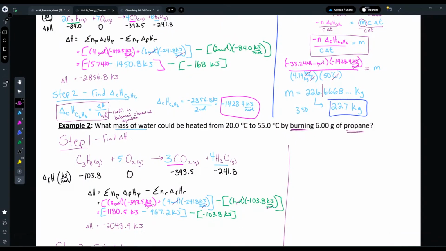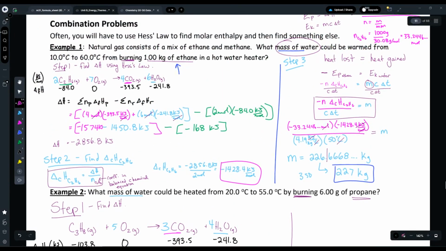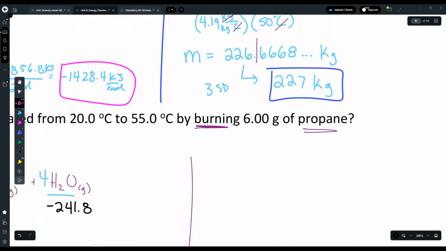Alright, so looking at how my previous calculation went, I know I need to first find the change in temperature as well as moles of propane. So this is change in temperature of the water.